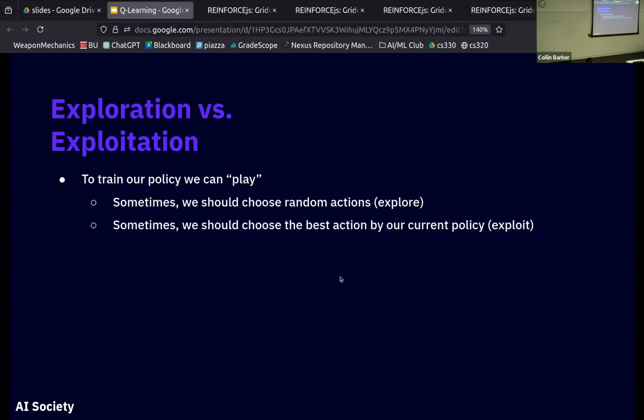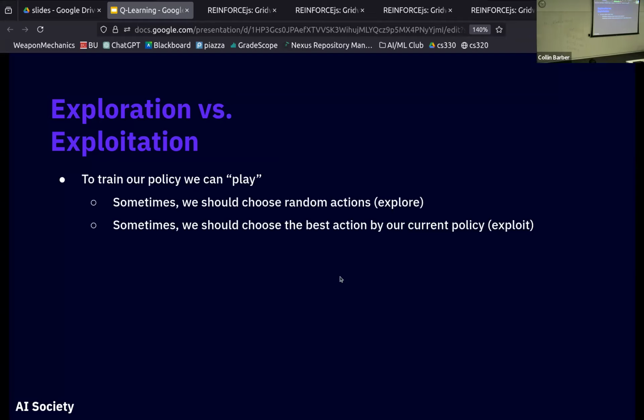So the idea behind exploration is that sometimes you pick a random action. So instead of picking your max action, you pick a random one. The rough idea here is that if I'm going to get mac and cheese, maybe I find that I can go through this door to get towards the kitchen. And that's great. But if the kitchen's that way, this is not so ideal.